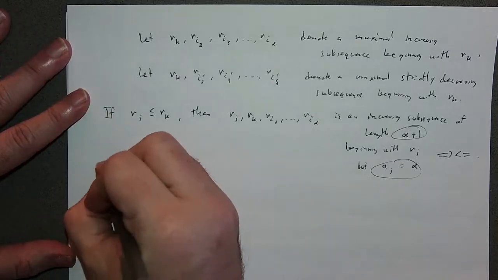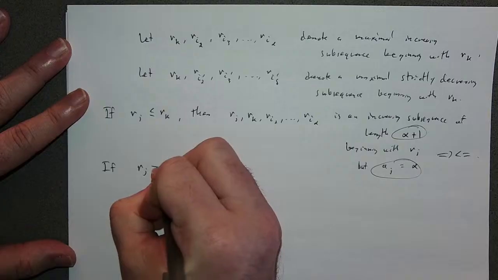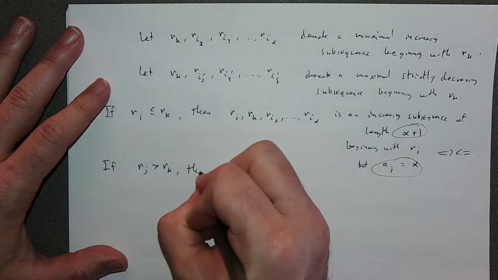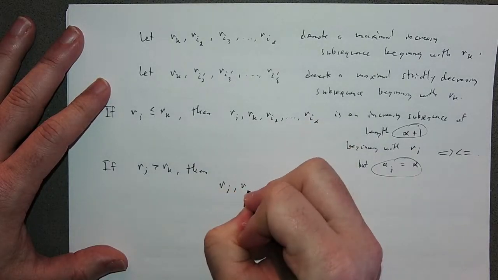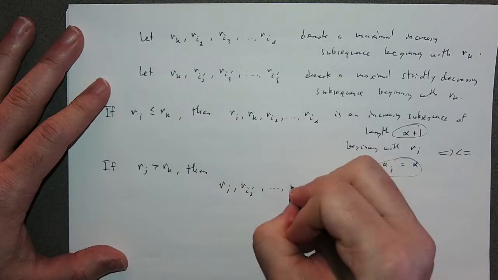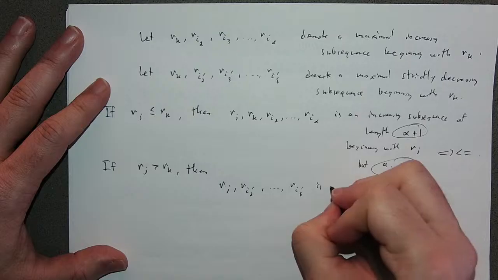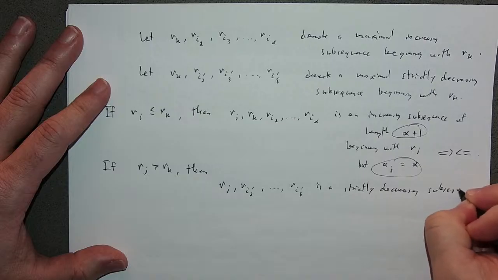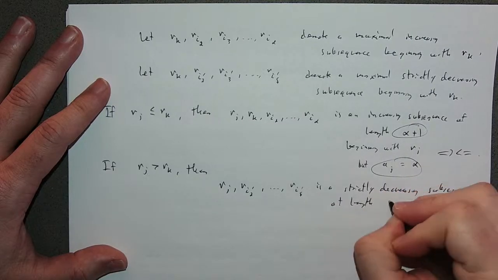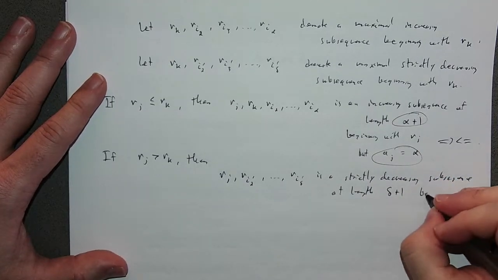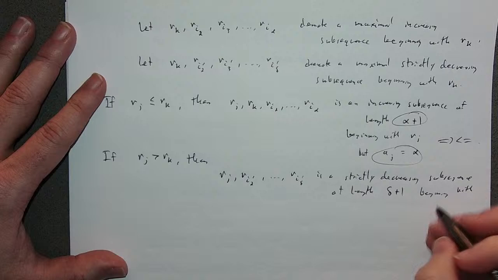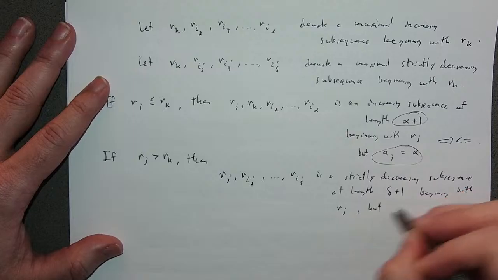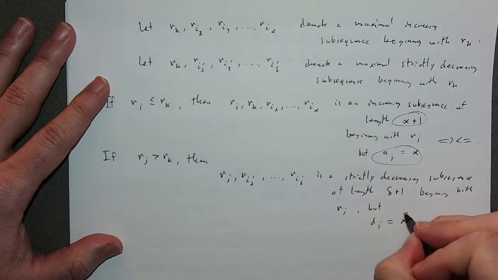So then the only other possibility is if r sub j is greater than r sub k, then r sub j, r sub i sub 2 prime, and so on out to r sub i sub delta prime is a strictly decreasing subsequence of length delta plus 1, beginning with r sub j, but d sub j is equal to delta, sorry.